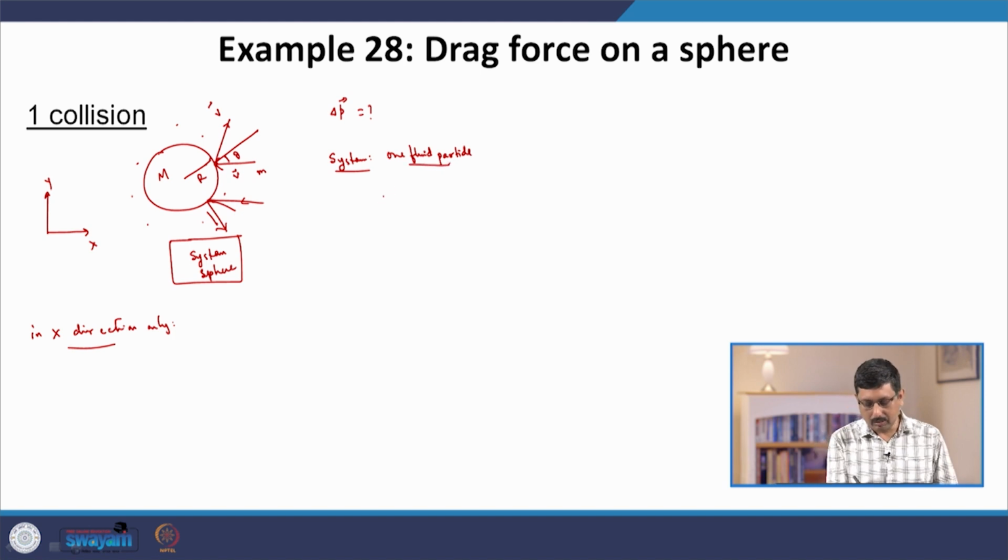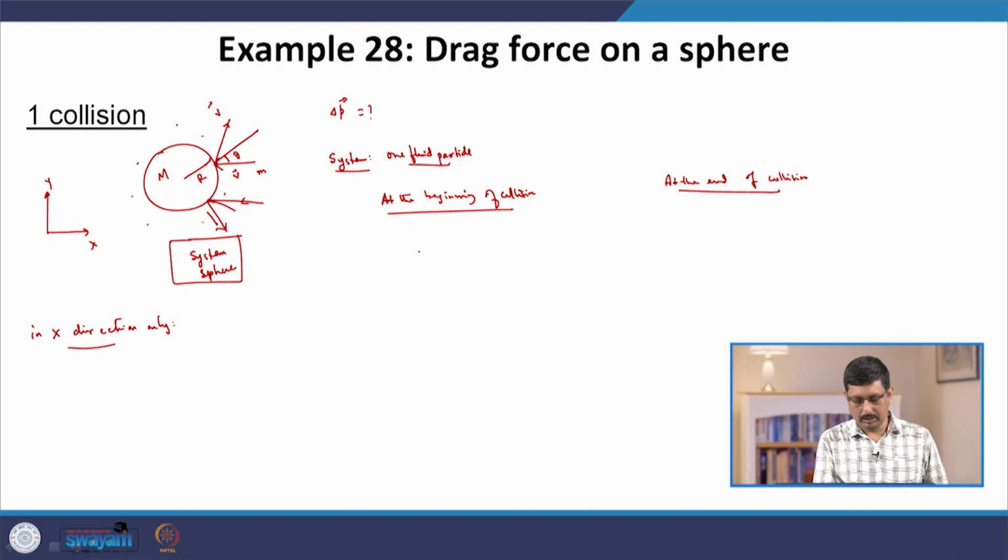At the beginning of the collision and at the end of the collision. At the beginning of the collision, this is incoming with a speed, and the x component of the momentum is m v, totally in x. We are sitting on the sphere, so we are going to assume that the sphere's initial momentum was 0.